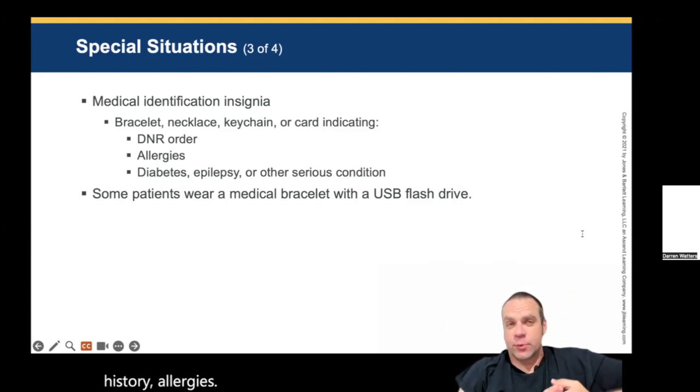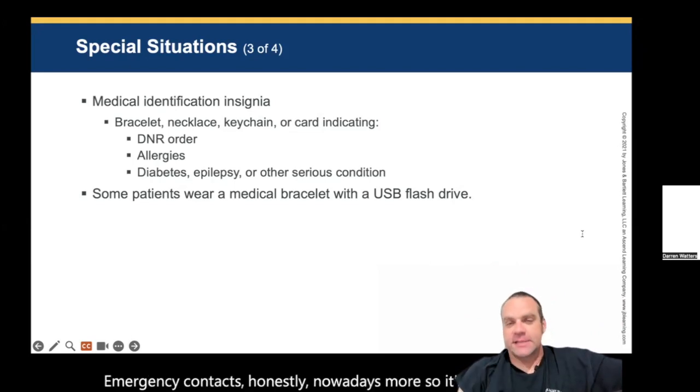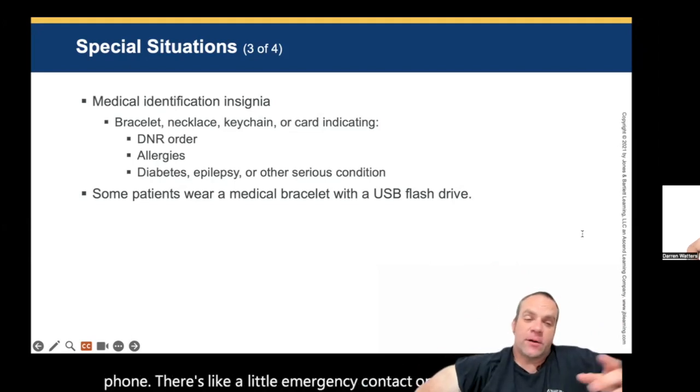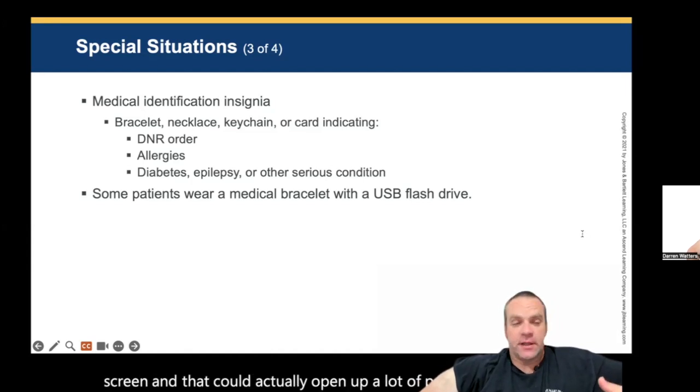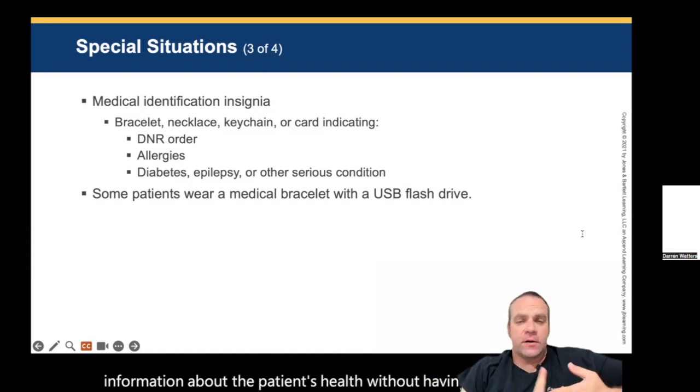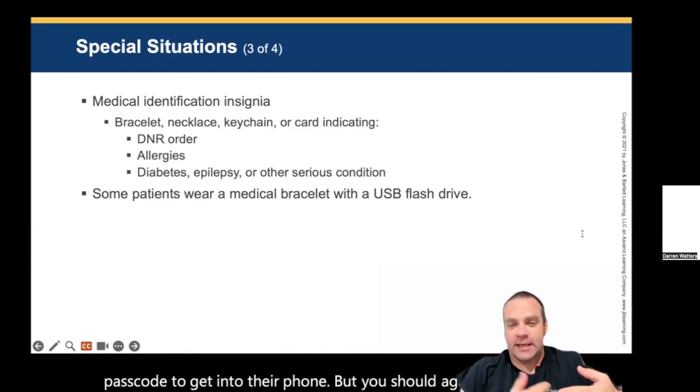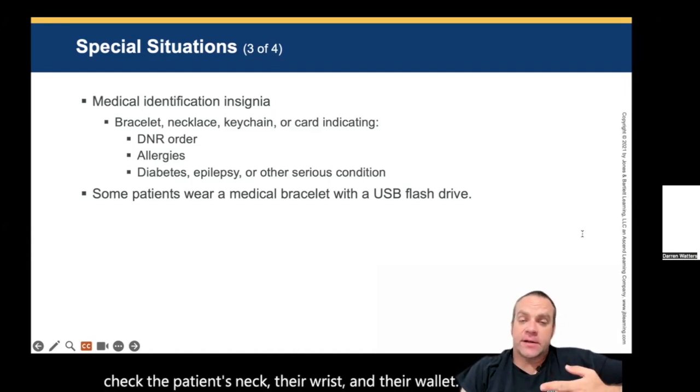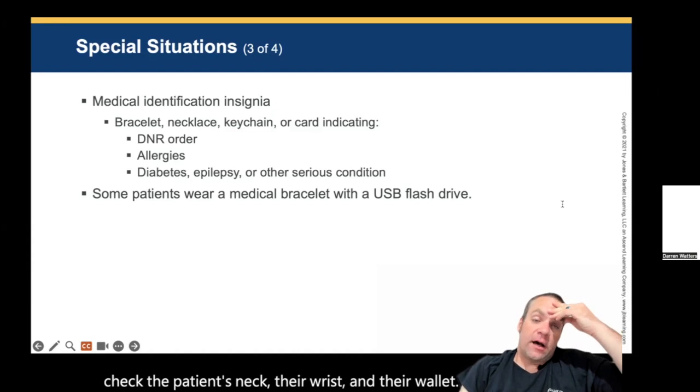Honestly, nowadays more so it's on the cell phone. There's a little emergency contact on the home screen, and that could open up a lot of pertinent information about the patient's health without having to use their passcode to get into their phone. But you should always check the patient's neck, their wrist, and their wallet for this kind of medical alert tag or identification.